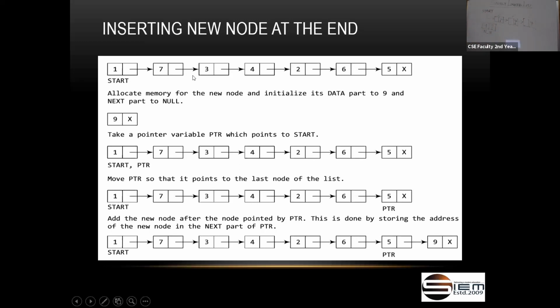So there is a pre-existing linked list, and you have taken a new node. In the data part, there will be whatever value you want to insert. In this case, it is 9. And because it is going to be the last node, the next part will contain null. Is it clear?